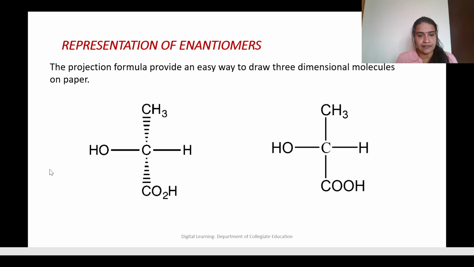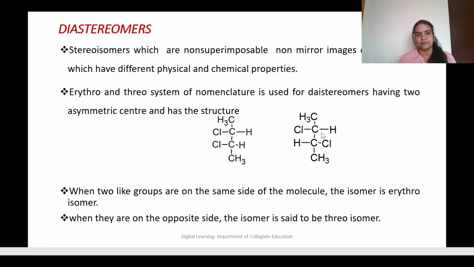And these are the groups which are towards the viewer, and they are represented on the horizontal line. So this three-dimensional structure is easily represented in two dimensions on paper in this form. This way of representing the molecule is termed as the Fischer projection formula.